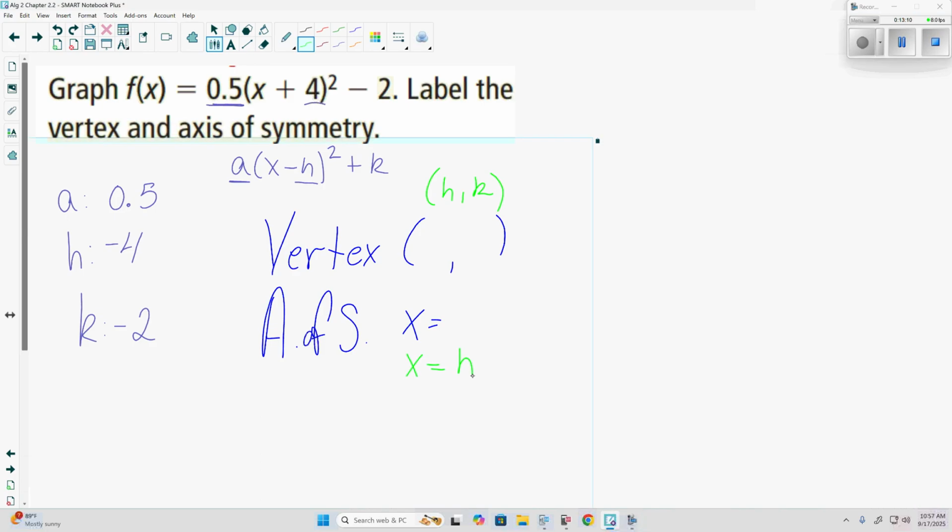So what's our vertex point going to be? Vertex is -4, -2, h comma k. Once we find h and k, we put them in their spots, yes? Axis of symmetry, x equals h, and our value of h is -4.